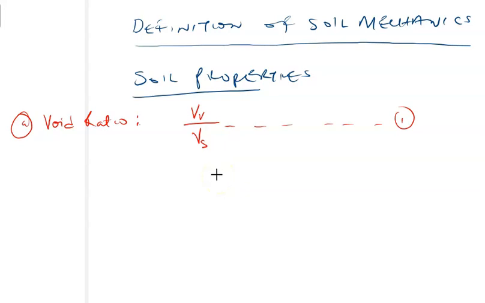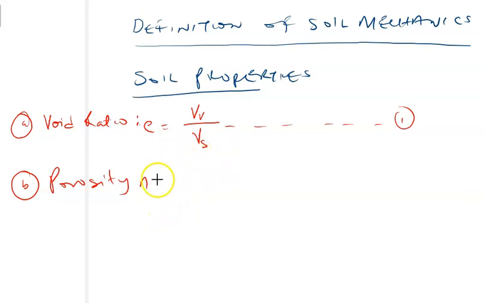Then the next thing we have to look at is the second one, which is porosity. The void ratio is denoted by E. Porosity is N. Porosity refers to the ratio of the volume of voids to the volume of the soil sample, the bulk volume of the soil sample.